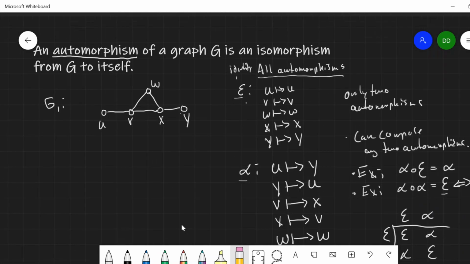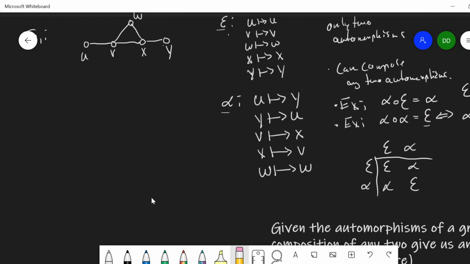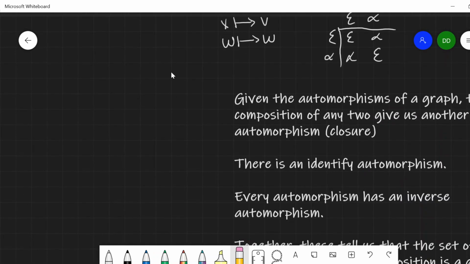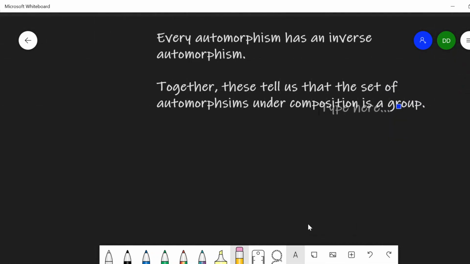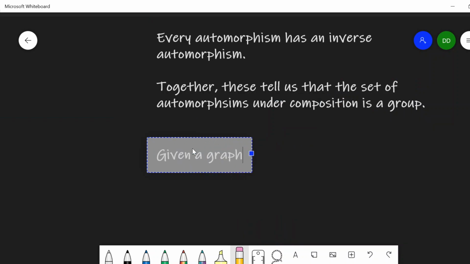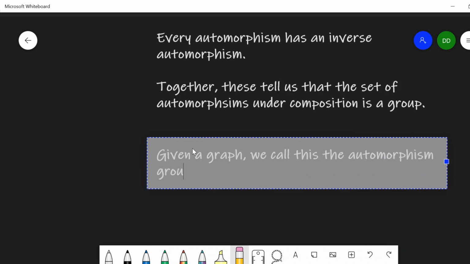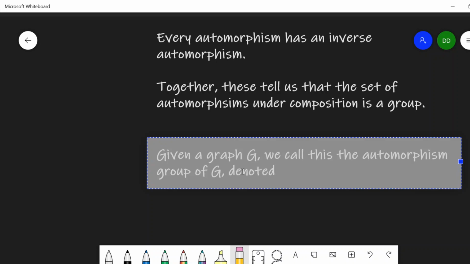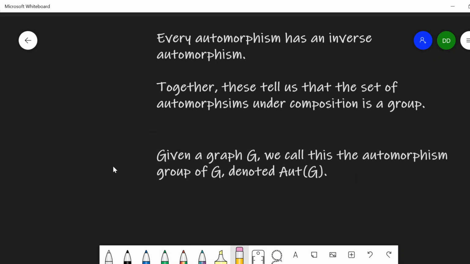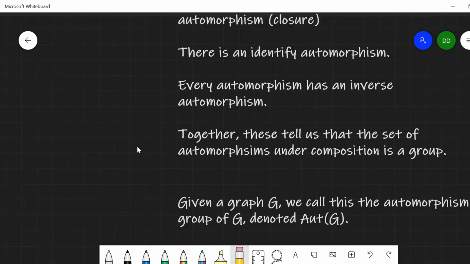So the automorphism group of a graph is the set of all automorphisms of the graph under composition. Given a graph, let's call it G, we call this the automorphism group of G, and we denote this by Aut, A-U-T, of G. So it's the set of these automorphisms under composition.